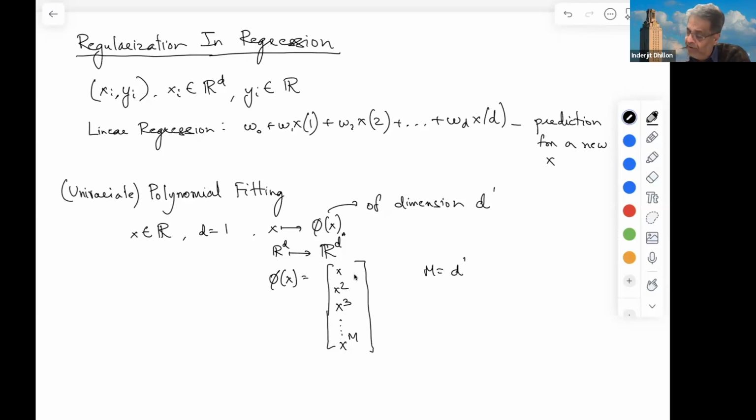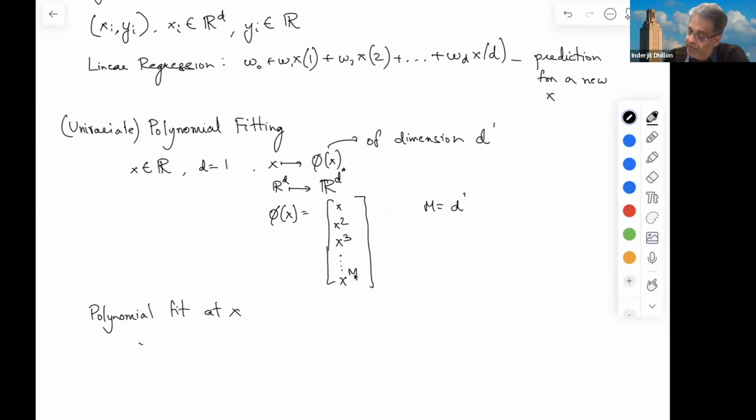So if I want to do linear prediction, the polynomial fit at x, we'll see, is equivalent to linear regression for phi of x.